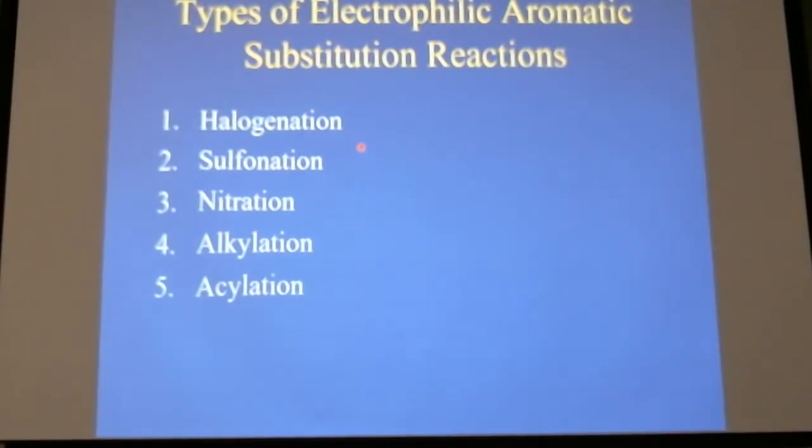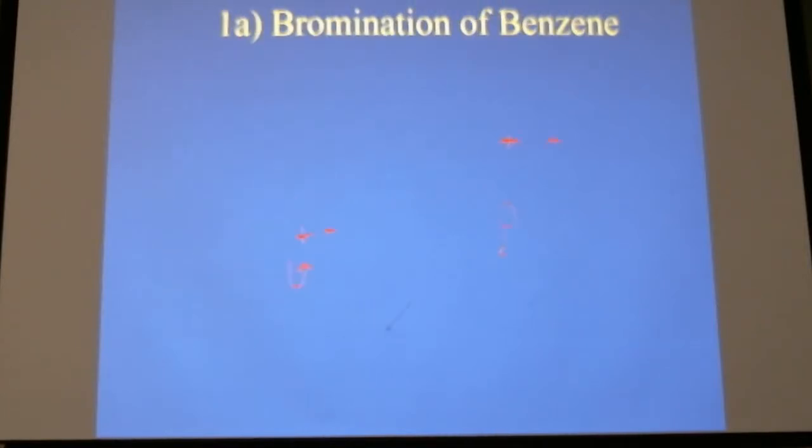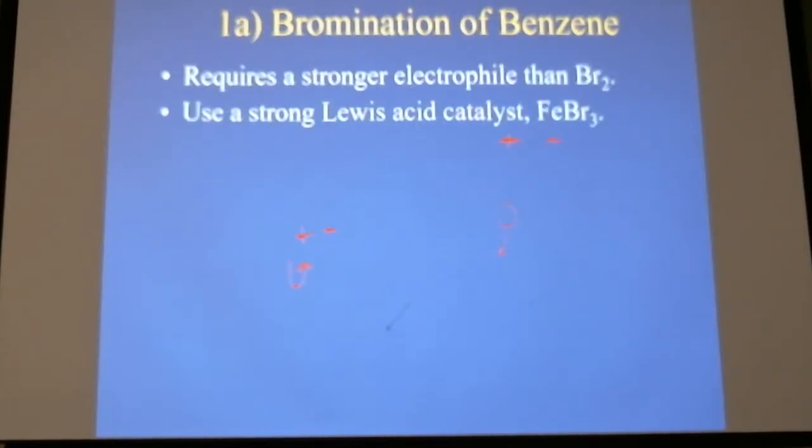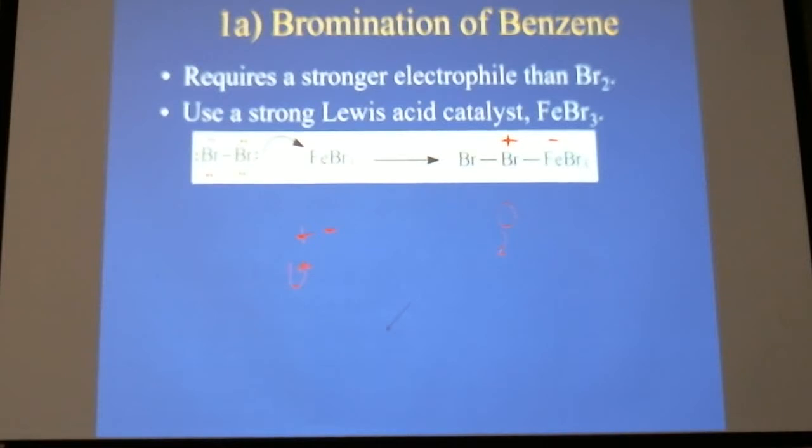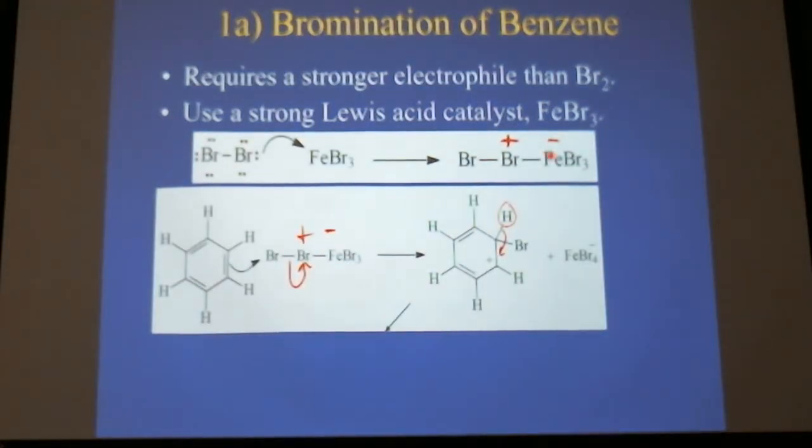These are the 5 different reactions we're going to look at. For halogenation, you need a strong Lewis acid like ferric bromide or aluminum trichloride to form this type of intermediate. You can view it this way, or you can view it as just breaking this bond and forming this type of intermediate.